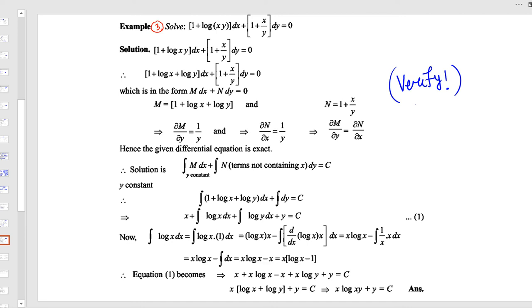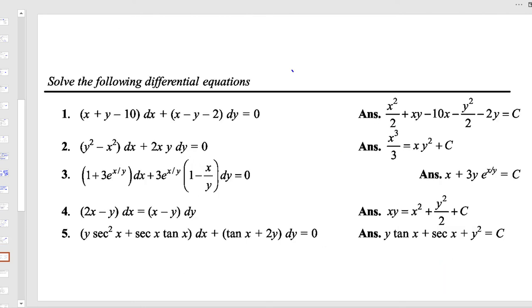So in that case, with this approach for exact equations, after checking the exactness, you will be able to find the solution easily. So for practice problems, try to verify these examples.